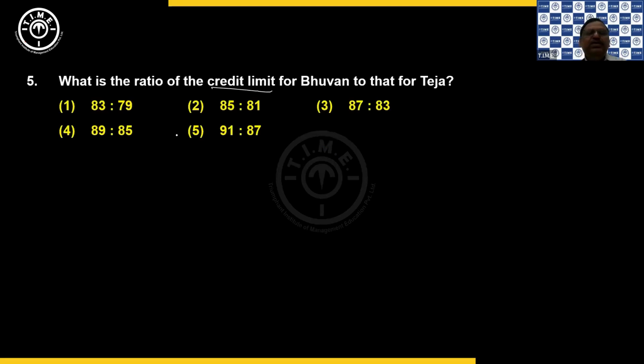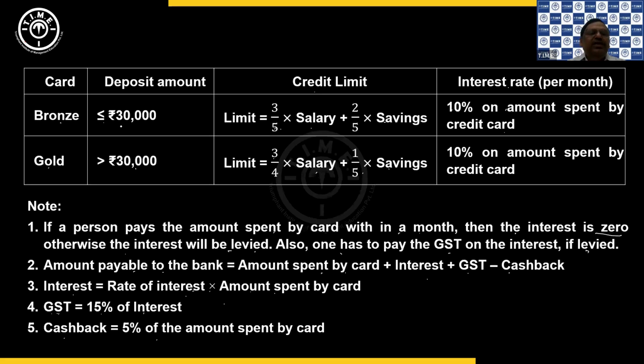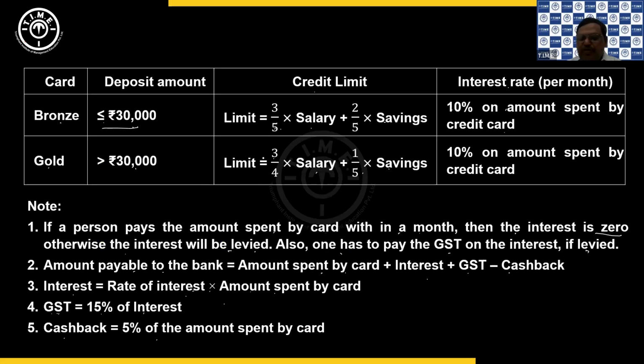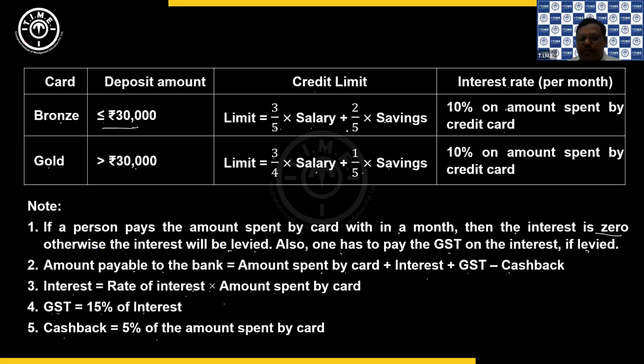But before we go to the questions, we'll try and have a credit limit for everyone. Students, if I look at the first guy, Bhuvan, salary is 75,000, savings is 24,000. So savings is 24 means he will get branch card. What is the credit limit for Bhuvan? He will get branch card, and it is 3/5 of the salary, which is 75,000, plus 2/5 of the savings.